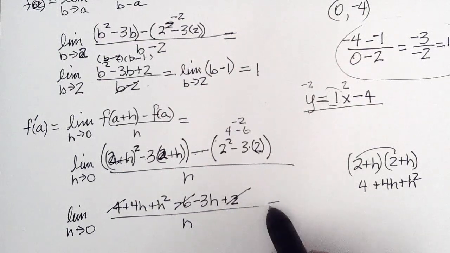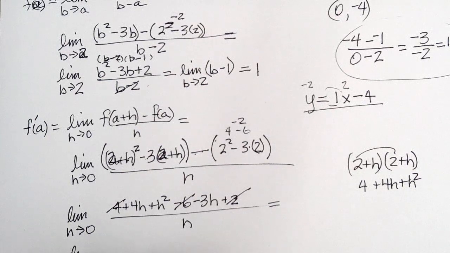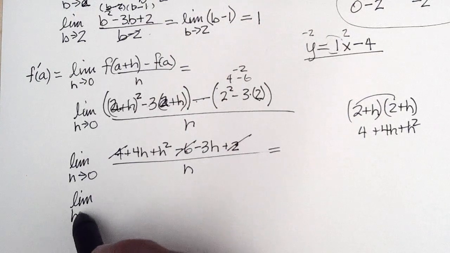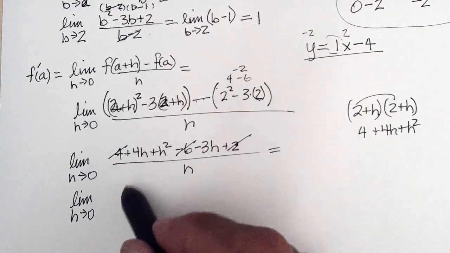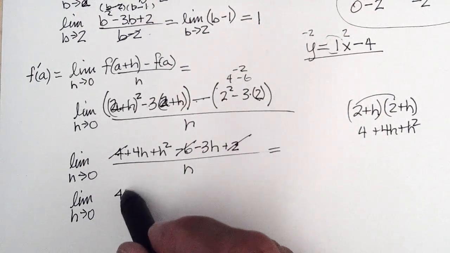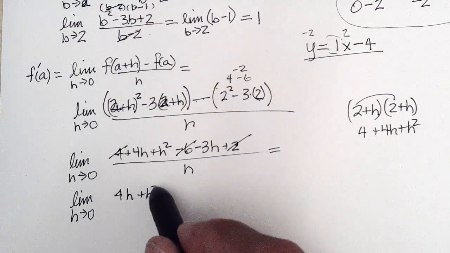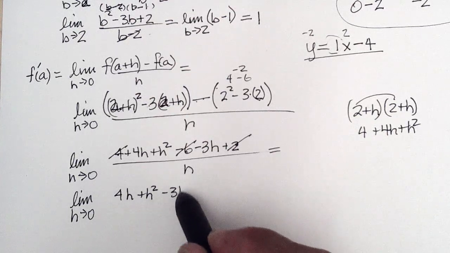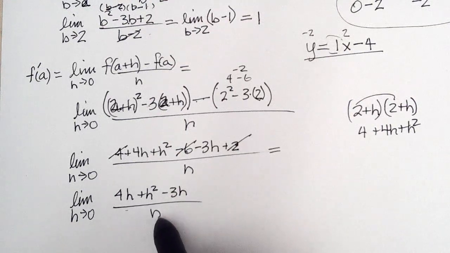And so I end up, I'm still doing algebra, I haven't found the limit yet, as h approaches 0 of 4h plus h squared minus 3h over h.